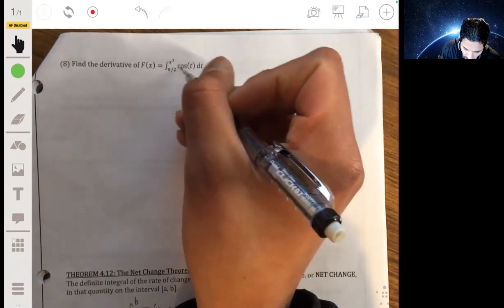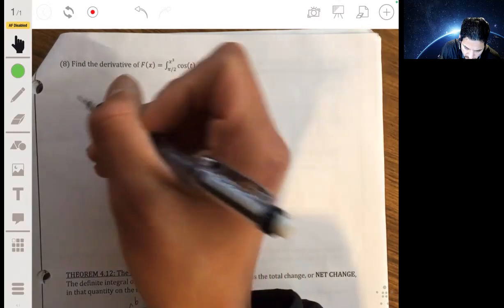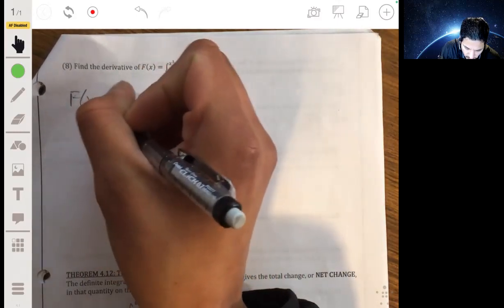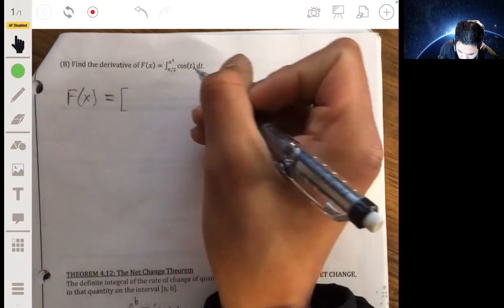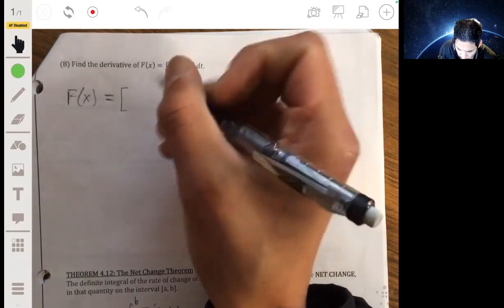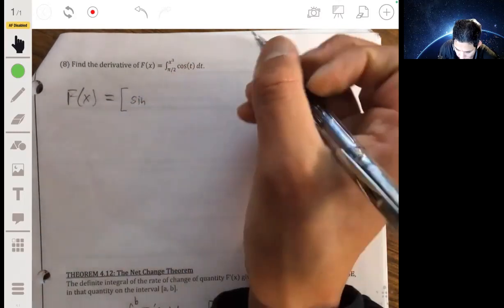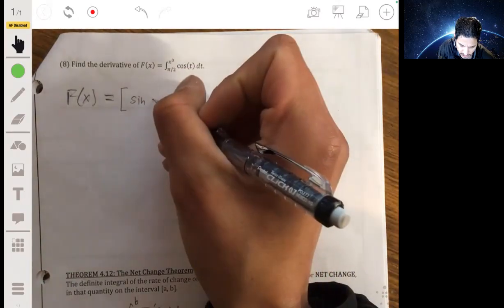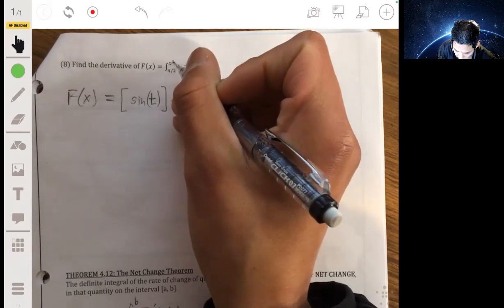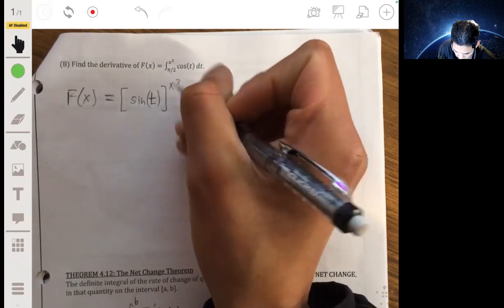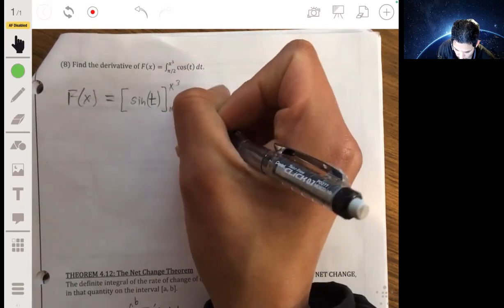We find the antiderivative of the cosine of x. So large F of x will be equal to the antiderivative of the cosine, which in this case, is sine of t. And we're integrating from pi over 2 to x cubed.